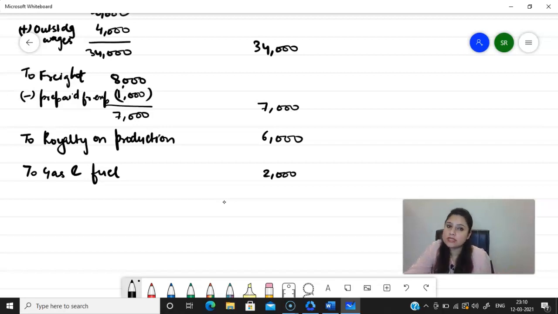Now, insurance expense is not a direct expense that would have to be mentioned in the trading account. Because it is an indirect expense, we would be accounting for the same in the P&L account instead of the trading account. So the insurance claim expense will not be recorded here.